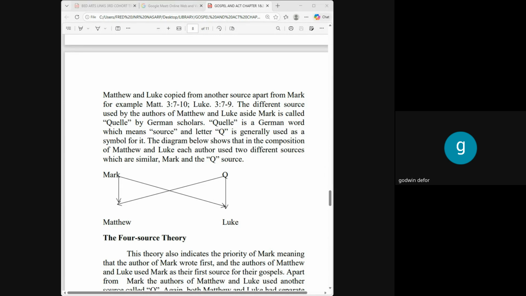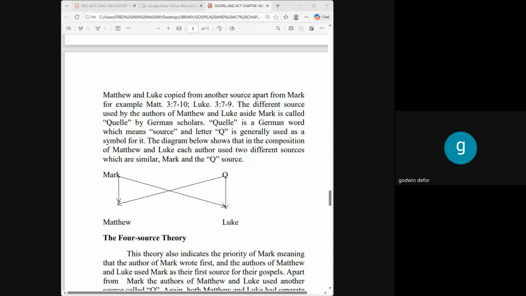The four source theory. This theory supports the two source theory that Mark wrote first. And if you say that Mark wrote first, we are talking about the priority of Mark, or Markan priority.